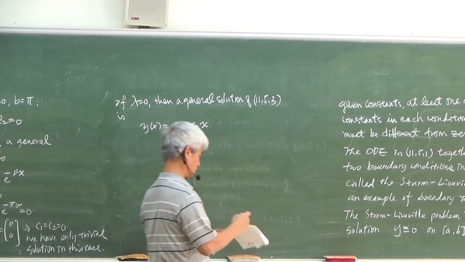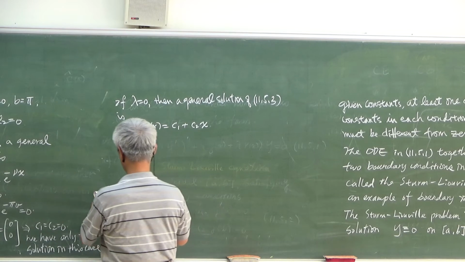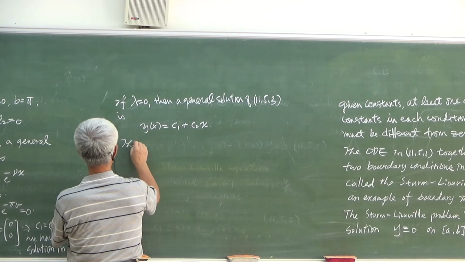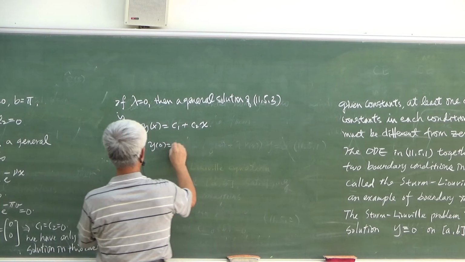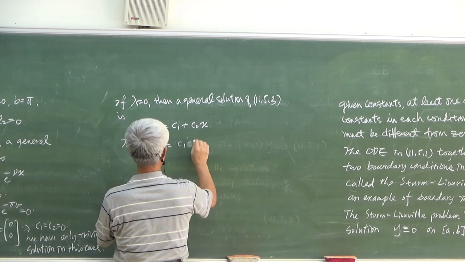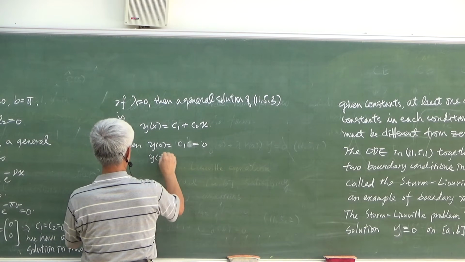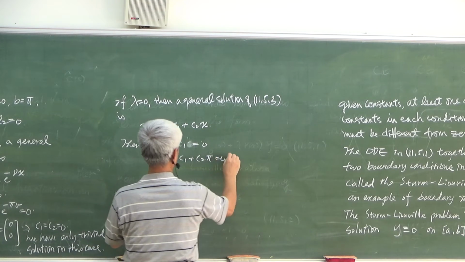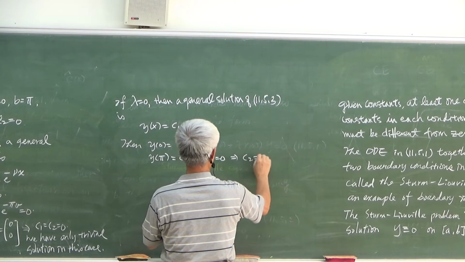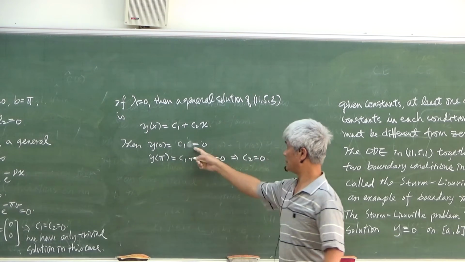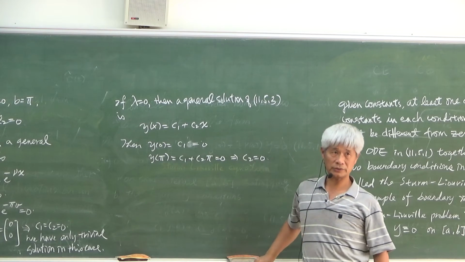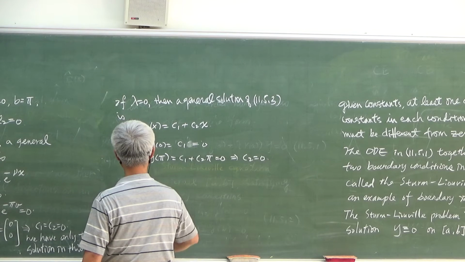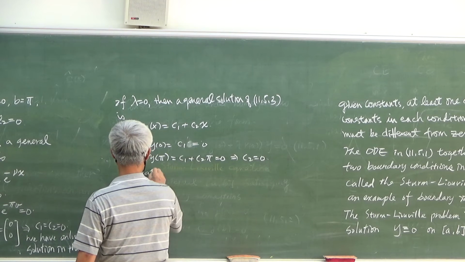Then y(0) is 0, and y(pi) is 0. So c1 is 0 and c2 is 0 too. So again, we have only the trivial solution.